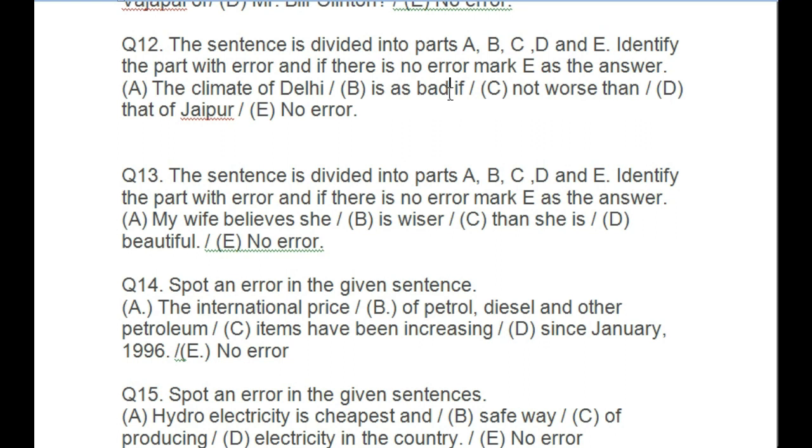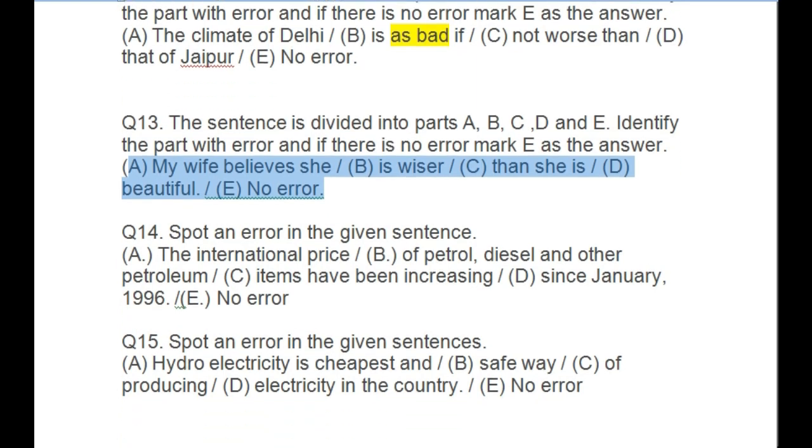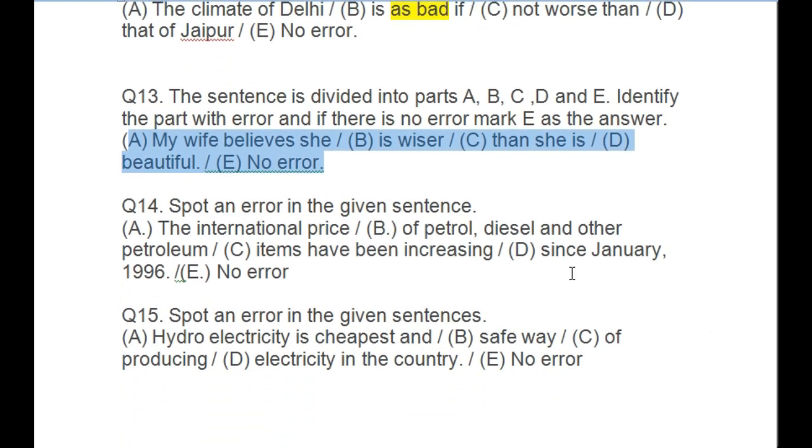So the climate of Delhi is as bad as. We should write here "as bad as". So the error is here in part B. Okay, next, the sentence again has five parts. Now very tricky but very easy. My wife believes she is wiser than she is beautiful.